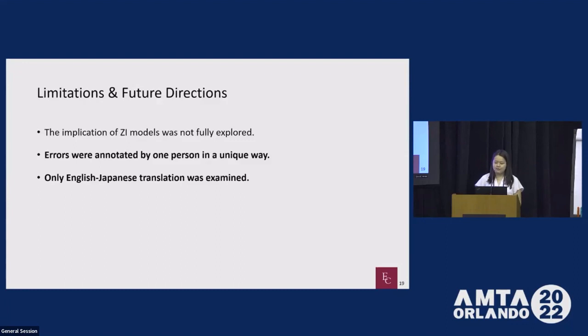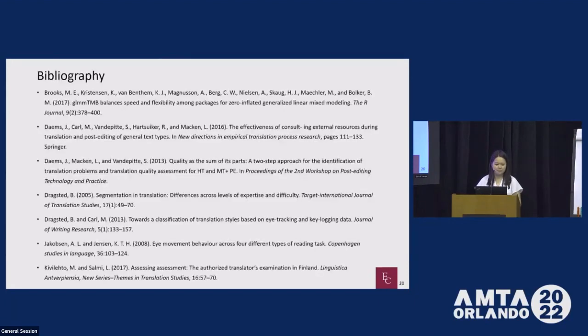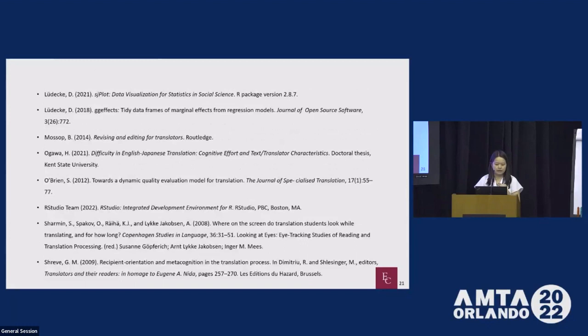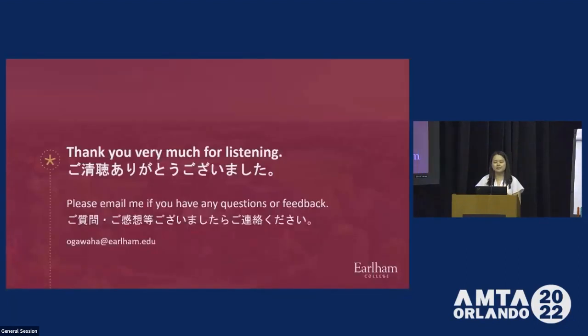Now that we have this publicly available TPRDB, thanks to tremendous efforts by Dr. Koro and other researchers, I would like us to collaborate and discuss even more than we do now to further advance TPRDB together. So here's my bibliography. Thank you very much.